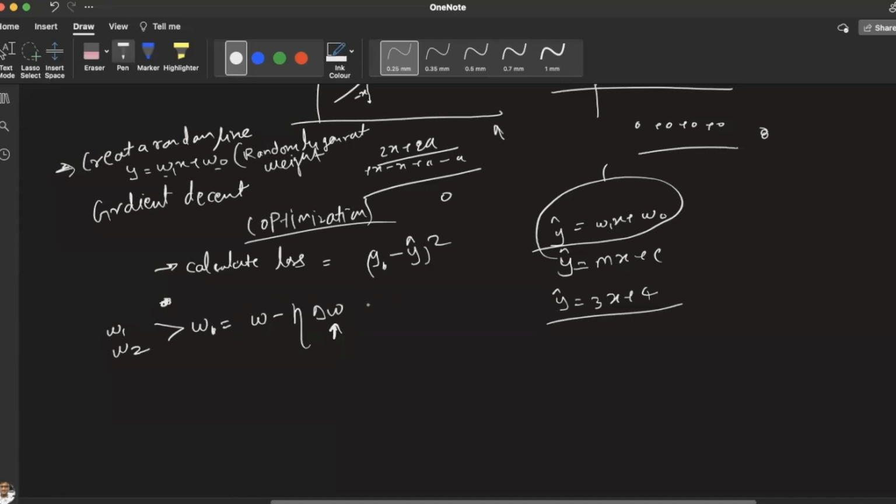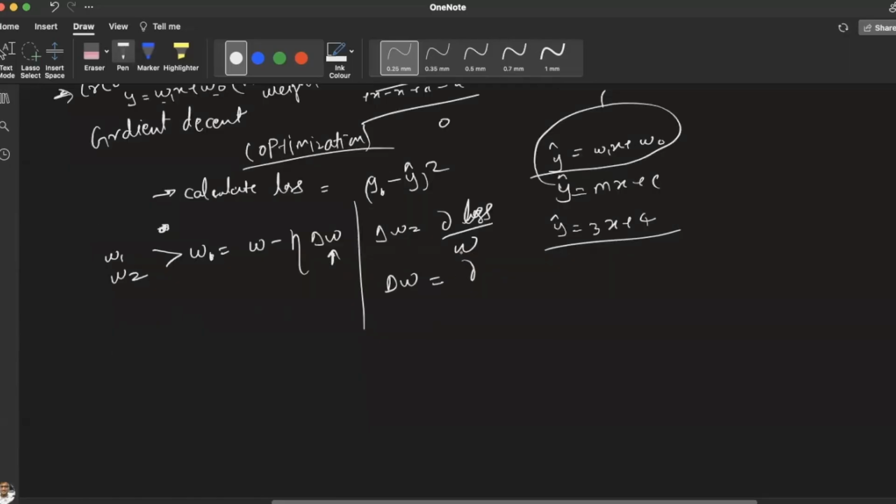So if you are calculating loss, how does this delta W get calculated? Let's see. Delta W is equal to del of loss divided by del of W. If you are using, let's say, W1, it will be W1 over here.